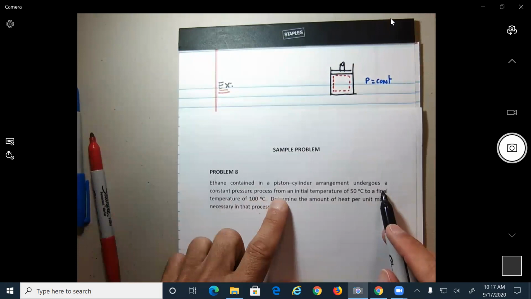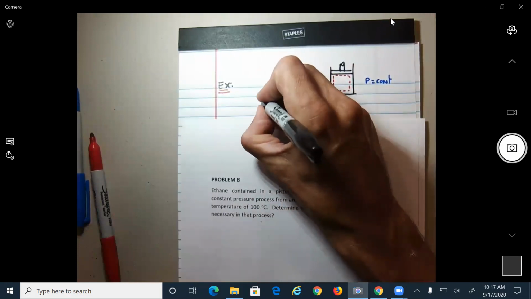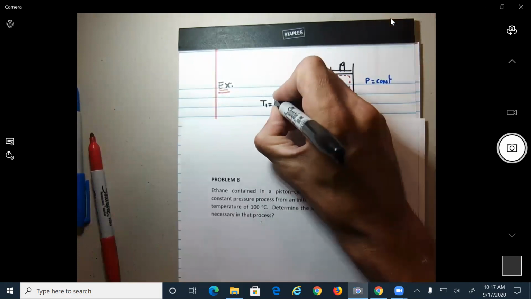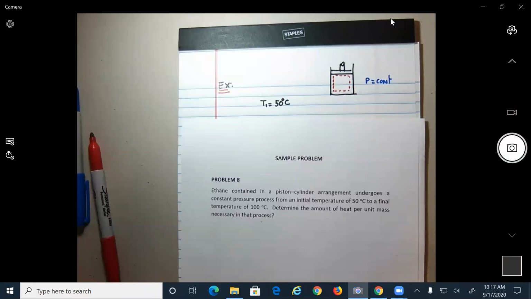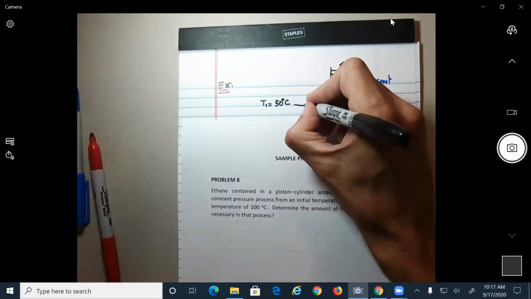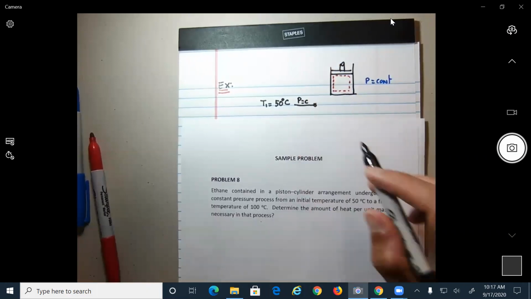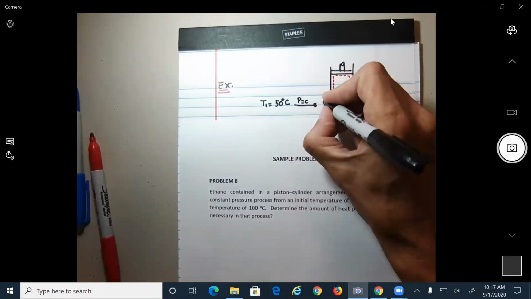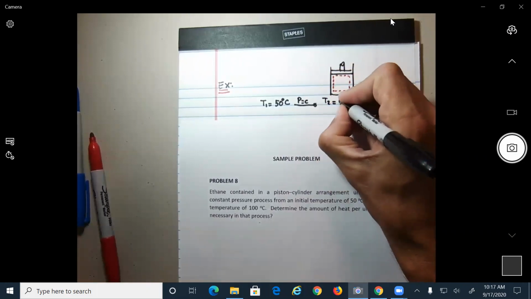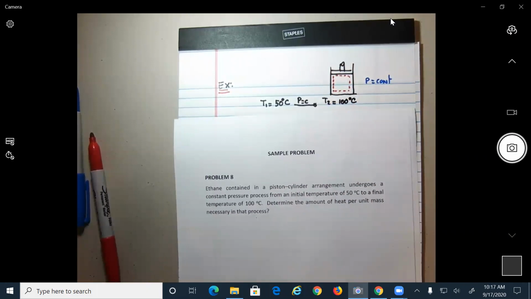From an initial temperature, T initial, of 50 degrees Celsius, we'll go through a constant pressure process from this one to this one, to a final temperature, T2, equal to 100 degrees Celsius.